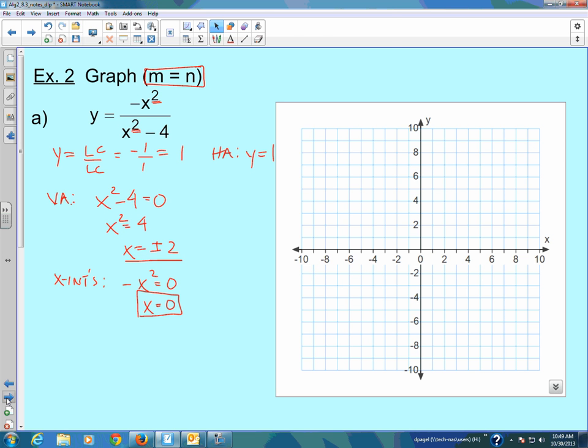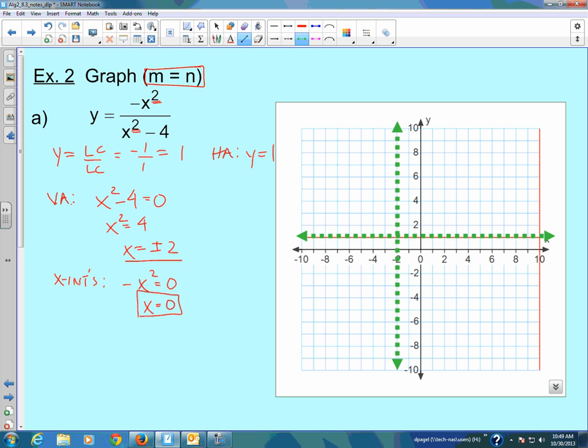So let's put everything in. Our horizontal asymptote is at 1. Vertical asymptotes are at negative 2 and at positive 2. And I have an x-intercept of 0. So we're going to go ahead and put that x-intercept in there.